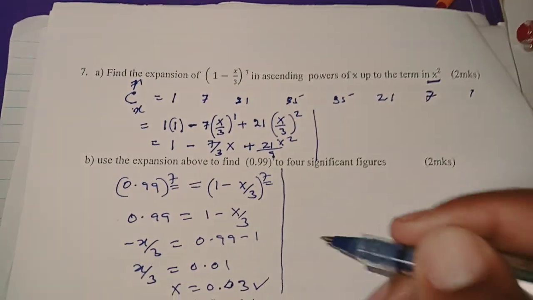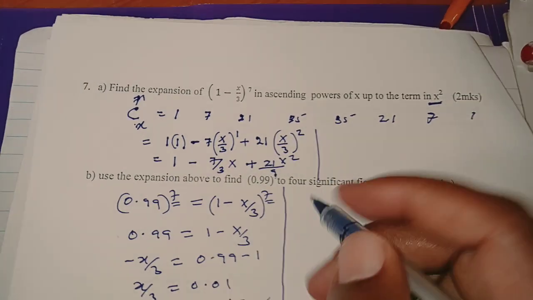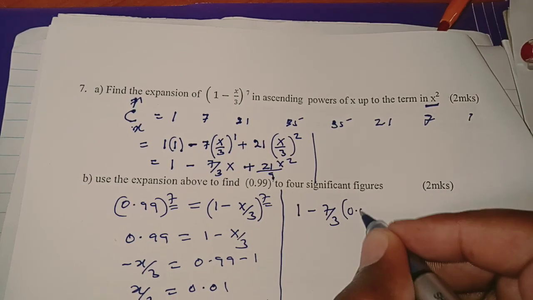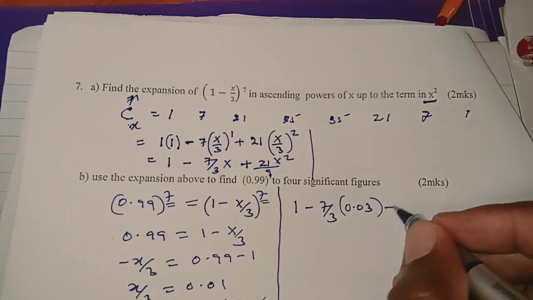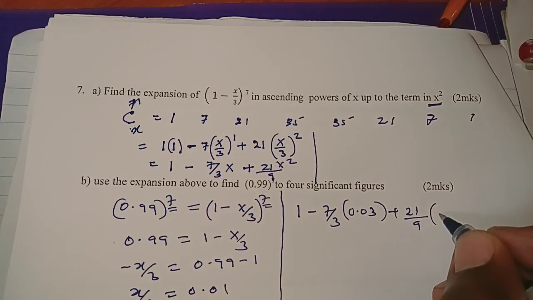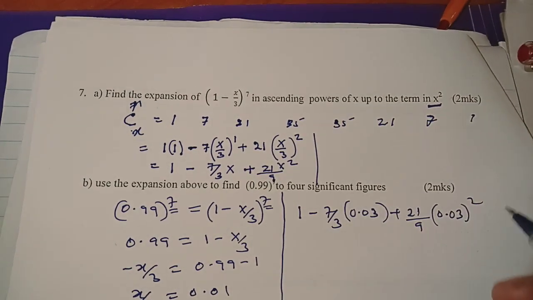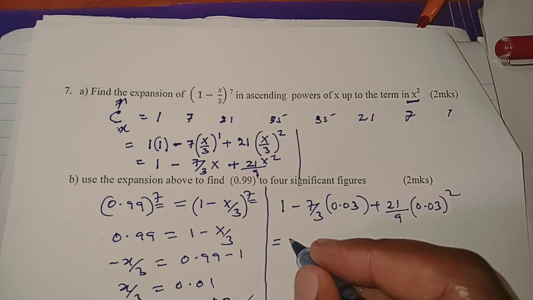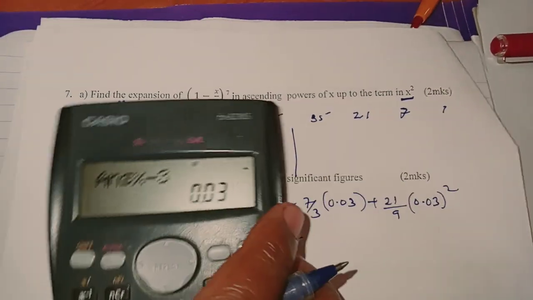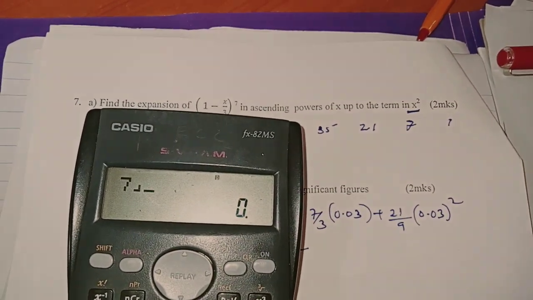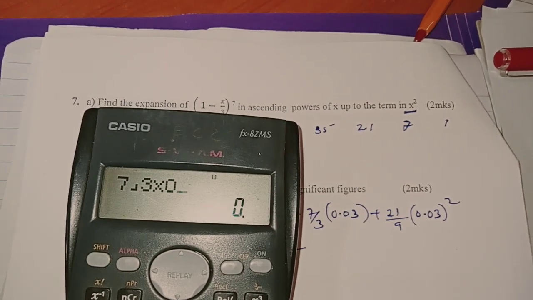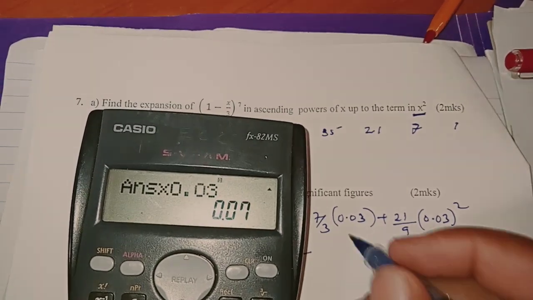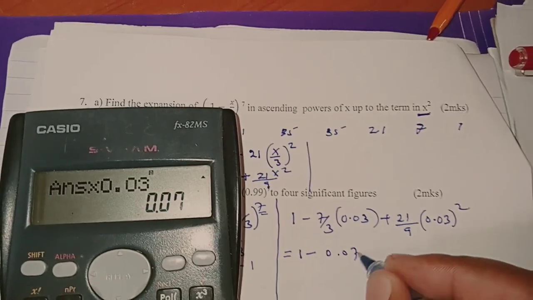Now we got the value of x. We now substitute that value into this expansion here. So we have 1 minus 7 over 3 times 0.03, where 0.03 is the value of x, plus 21 over 9 times 0.03 to the power of 2. Use your calculator here: 7 over 3 times 0.03 gives us 0.07.